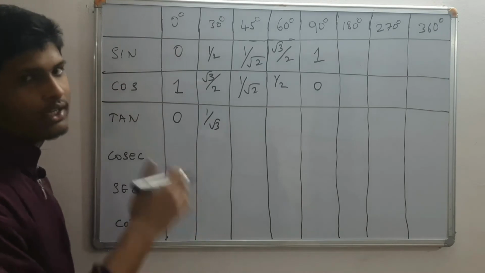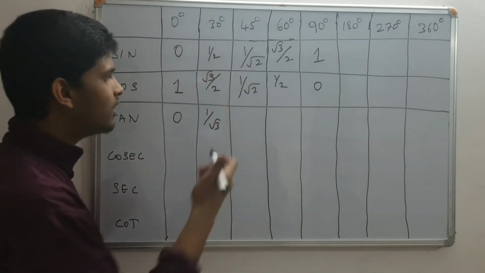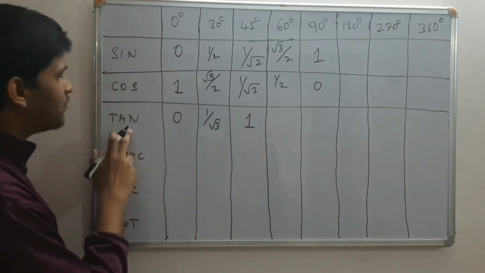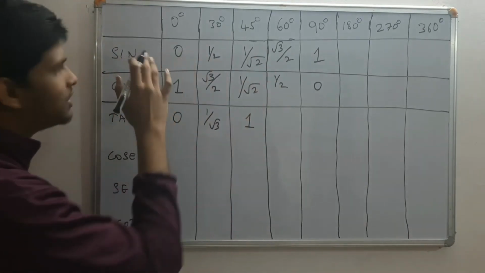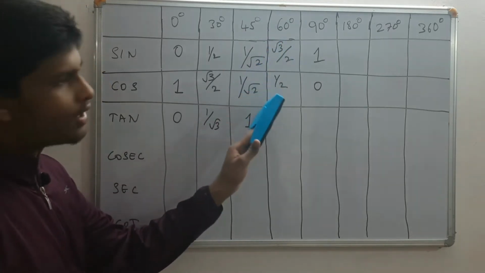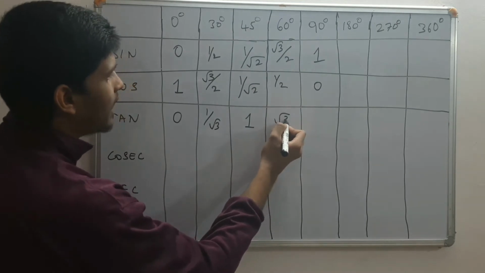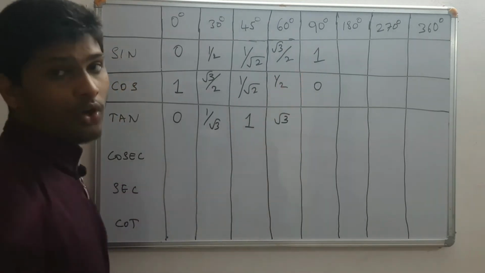For tan 45 degree, both values are the same, so we get 1. For tan 60 degree, root 3 by 2 divided by 1 by 2 gives root 3, as the 2s cancel.